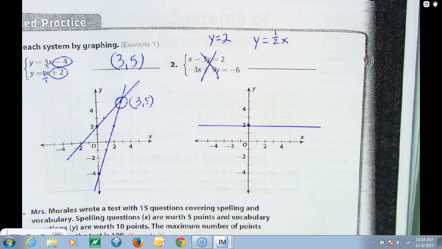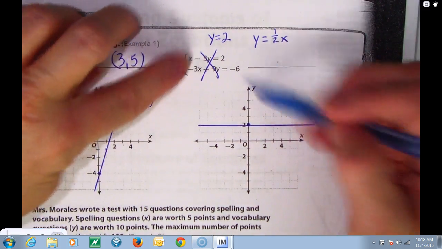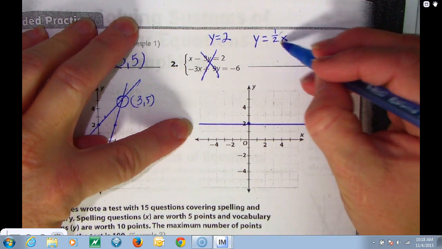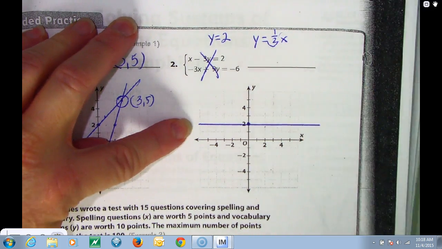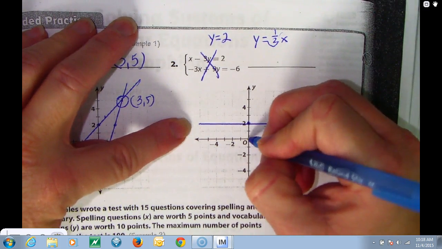If y equals 2, that means every point on there is 2 for y. So every point is like 1, 2; 5, 2; negative 3, 2. Right? Okay, so that's y equals 2. Now we're going to do this one. That does have an x, so that is your slope. So where am I going to start? 0, 0.